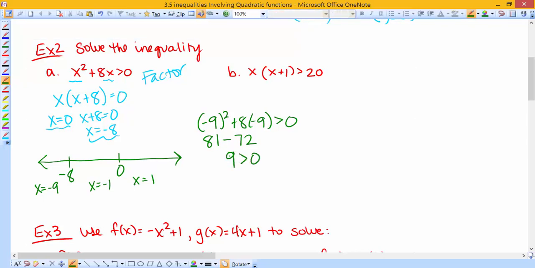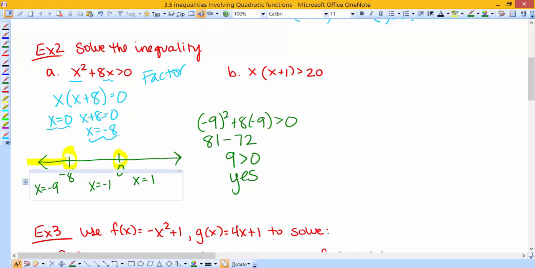Is 9 greater than 0? Yes. That piece worked. So I'm going to highlight here, and I'm going to put an open circle. Why does it get an open circle? Because it's greater than, not equal to. You could go ahead and put an open circle on 0 as well.